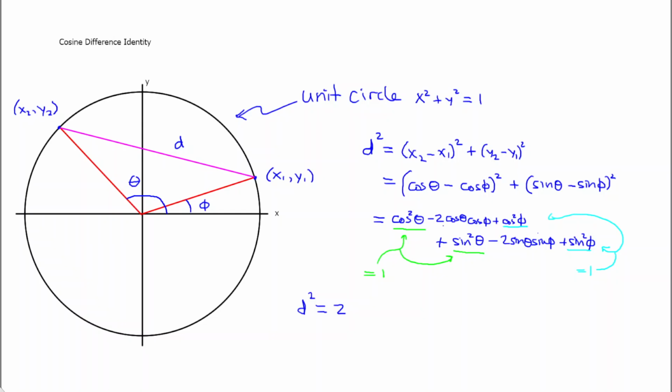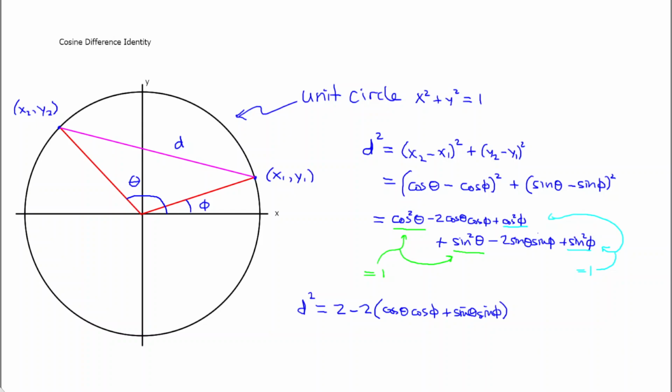My 2 remaining terms each contain a negative 2, which I'll factor out of the binomial cosine theta cosine phi plus sine theta sine phi. And finally, we can factor that 2 out or not. I think I'll just leave it there.